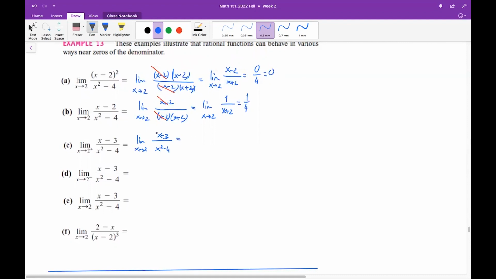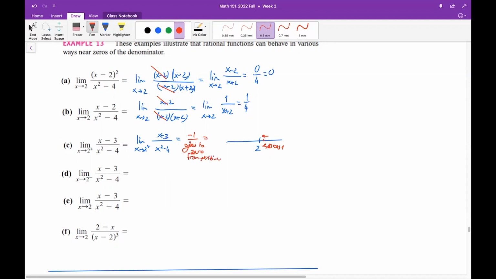So what about 2 from the right? This is a one-sided limit. We are approaching 2 from the right, so we are putting a number like 2.00001. The denominator will obviously get close to 0. The numerator, if you insert 2 here, is minus 1, and the denominator approaches 0 from the positive direction, so I will write here, goes to 0 from the positive direction.